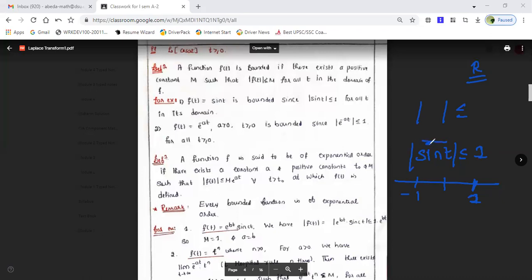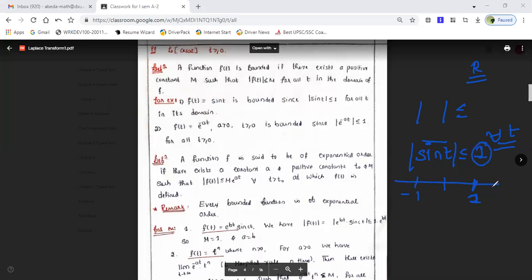There is no value of sin t which is 2, 3 or 4, because the maximum value is 1. This is true for all t, whether it is sin 30, sin 60, sin 90, sin 190, whatever value you take, the maximum is 1. If such a thing is happening, a function f of t is said to be bounded if there exists a positive constant.